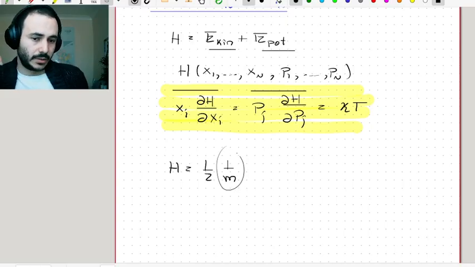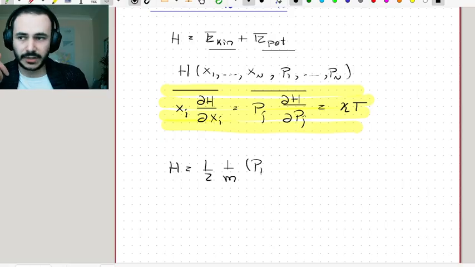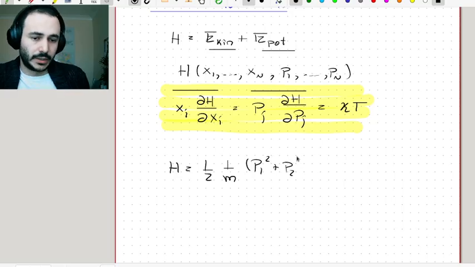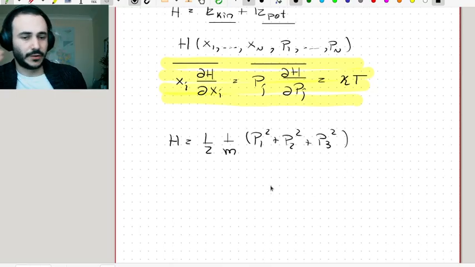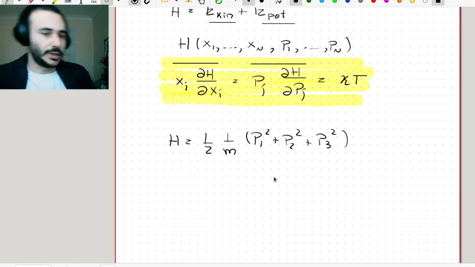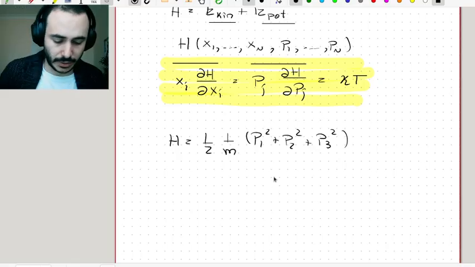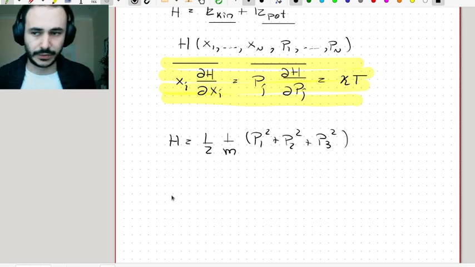In general, we could have here any constant, we could call it alpha or whatever, but in this case we have 1 over the mass. And here is p1 squared, or px squared if you like, p2 squared or y, and p3 squared or z. So that's our Hamiltonian for a free particle without any potential energy. There's no confining potential or interactions or anything like that, because we have an ideal gas.